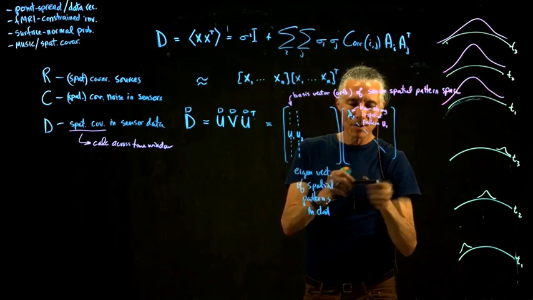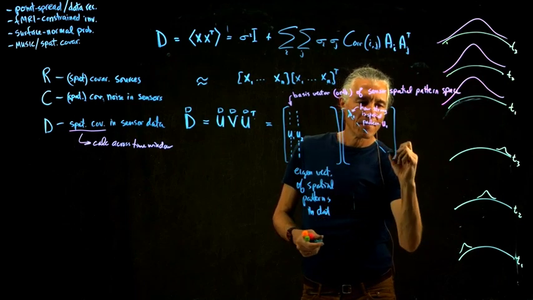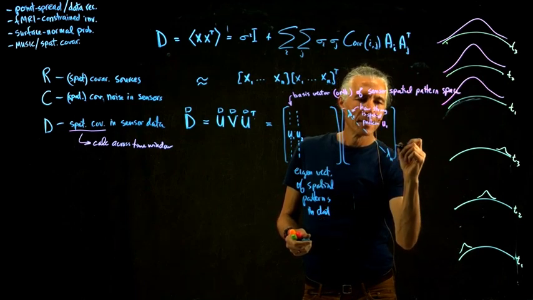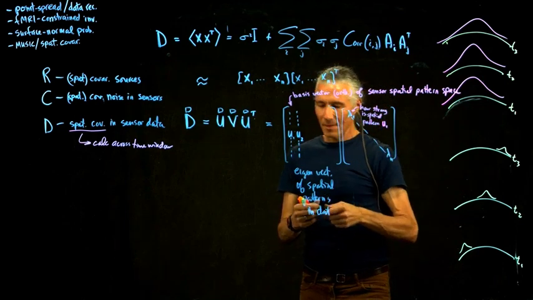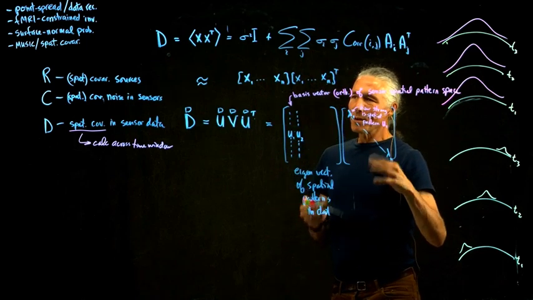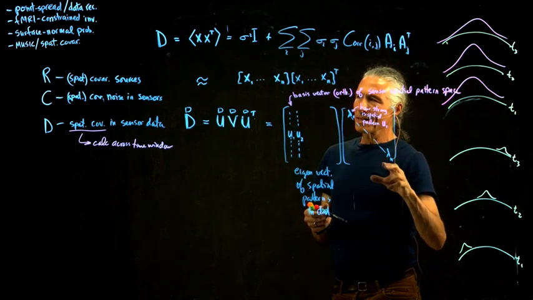So by the time you get down to here, these are the ones that don't explain much of the data. Those have very small eigenvalues.